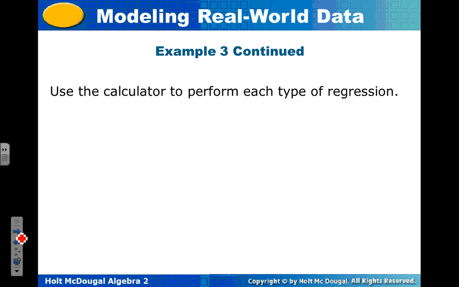And remember, we said we need to do cubic, quadratic, and exponential regression. The biggest thing that we need to know is what's the r squared value, the correlation coefficient. So once you punch all that data in, let's just start with cubic.